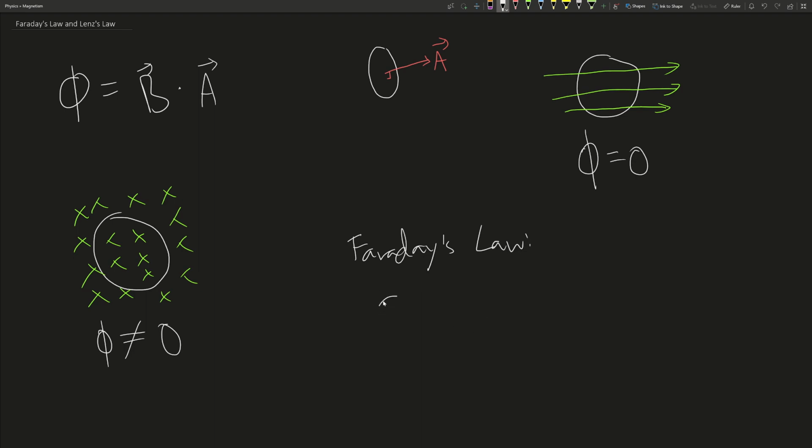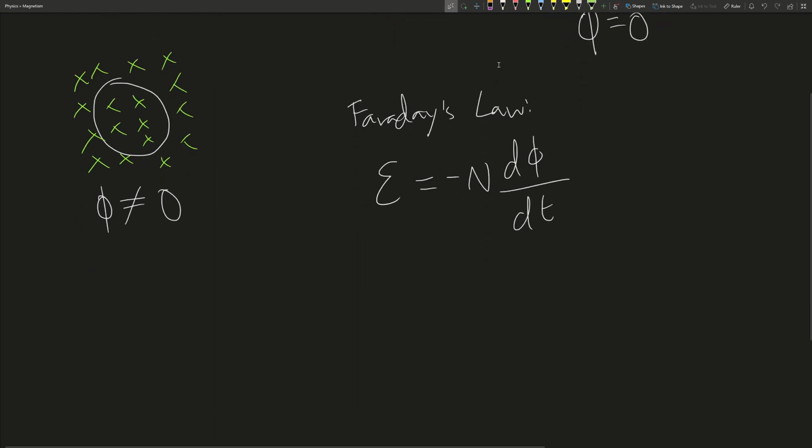Faraday's law states that EMF is going to be equal to negative N, d phi over dt. And what this means is you have EMF here. So this is EMF.